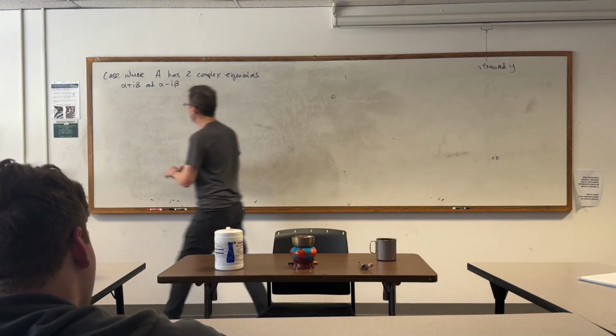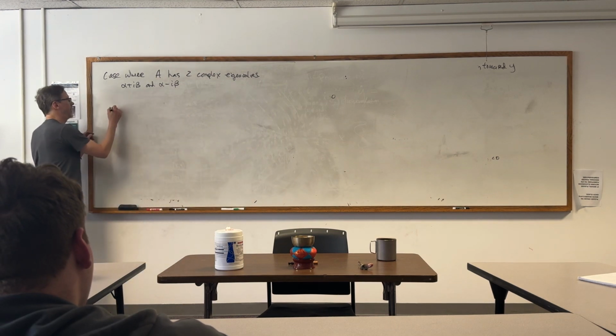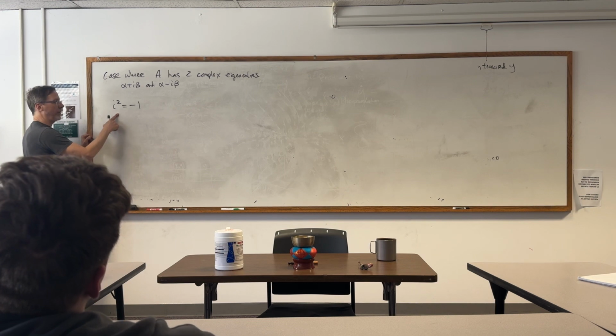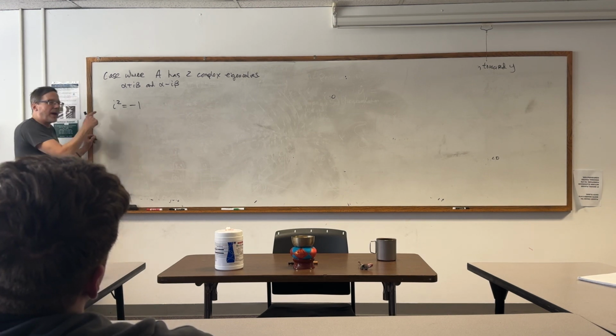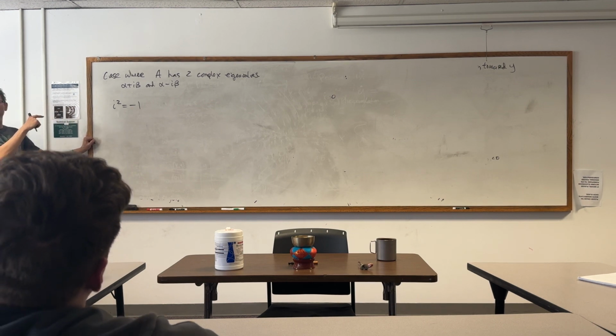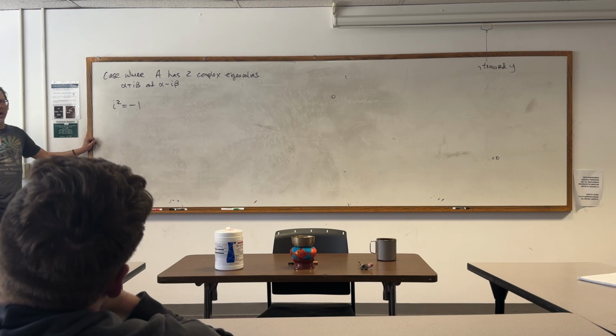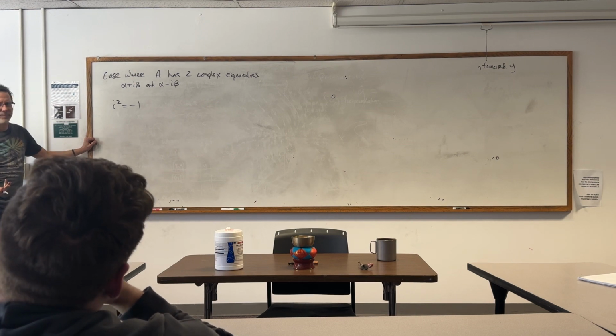Okay, quick review. i squared is -1. It's this number that is called imaginary, and it's the worst name ever given to anything in mathematics because it's anything but imaginary. It actually is at the heart of so many things.